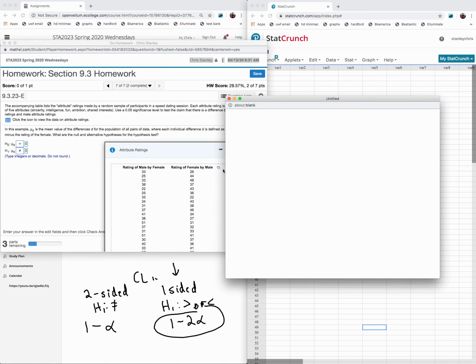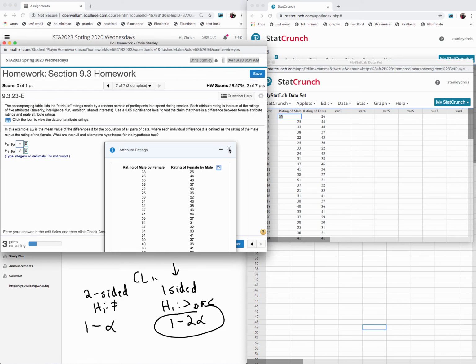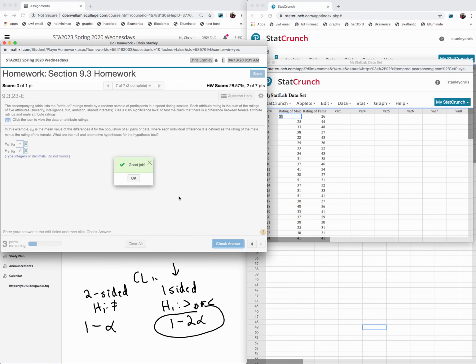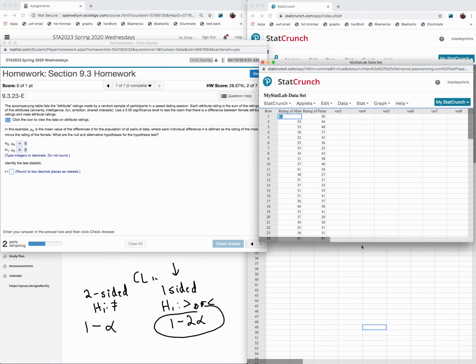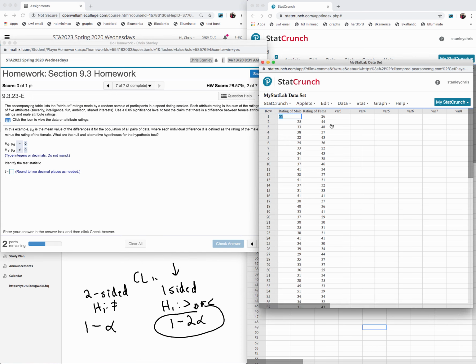Okay, let me just open this in StatCrunch real quick. Let me try something real quick. I was trying to subtract these two, just to get the actual differences, just to see overall, did one gender prefer the other gender.